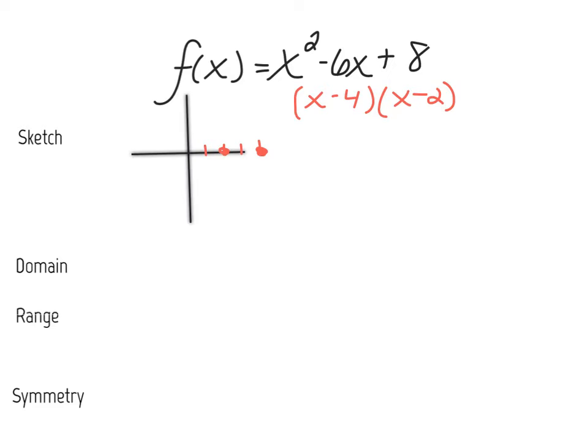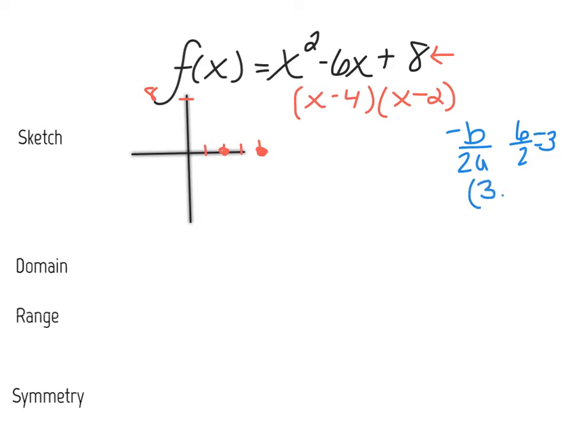I know my y-intercept is when x is 0, so if I plug in 0 there, it's going to cross up here at 8. Okay, and I also want my vertex, so I can either plug this into my graphing calculator to see my vertex, or the vertex occurs at negative b over 2a, which would be 6 over 2 times 1, or 3, so I know it occurs at x equals 3.